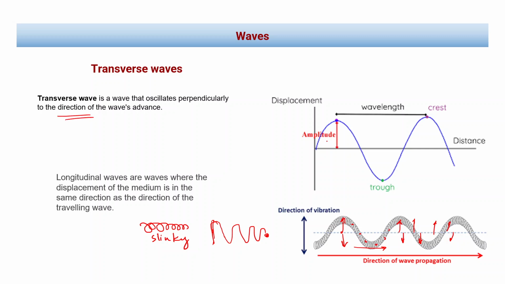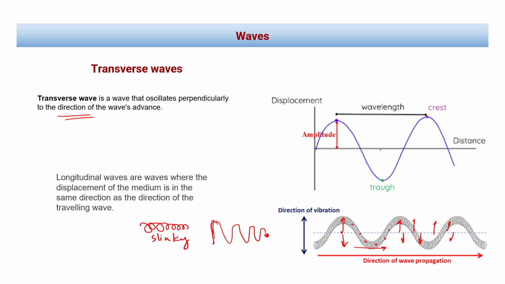When we see this wave is created, the maximum displacement of a particle is called the amplitude. At any point there is a different value of displacement. The maximum is shown here. This is the maximum on the other side.